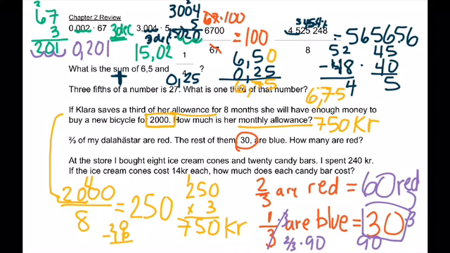So let's read this. It said 8 ice cream bars. So I'm going to say 8I for ice cream bars, plus 20C for candy bars, and spent 240. Then it says that the ice cream cones cost, and so instead of putting the I, we can make that 14 instead. It says right here 14.